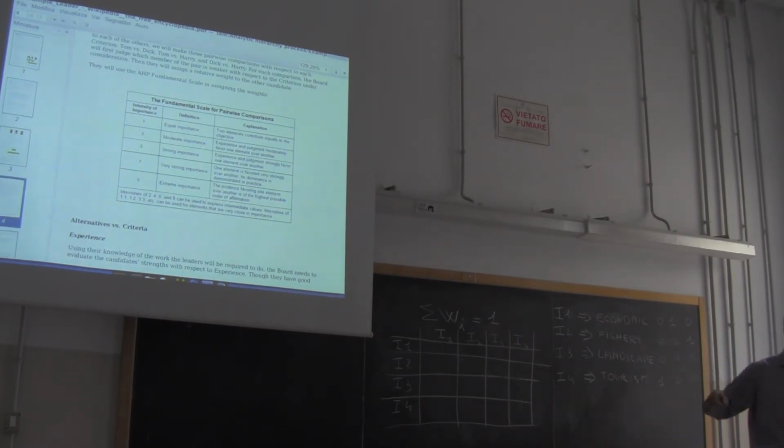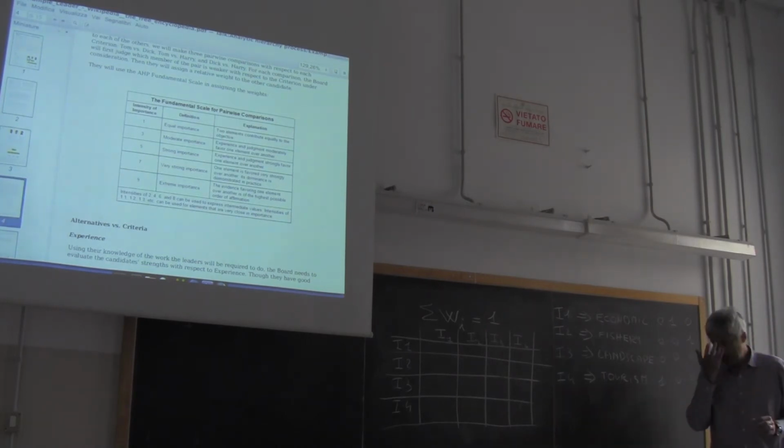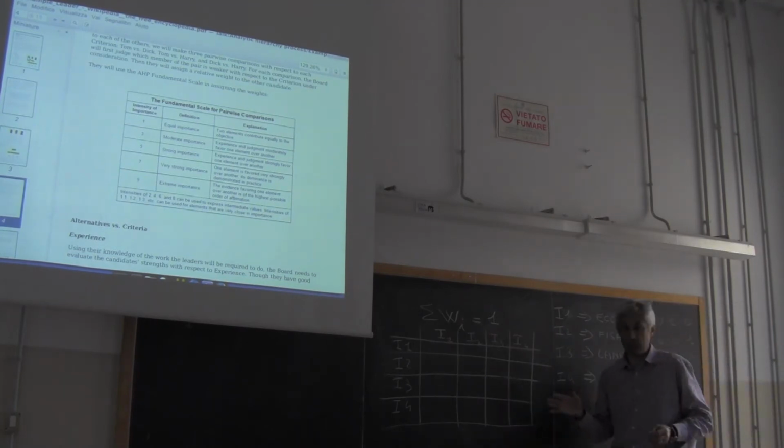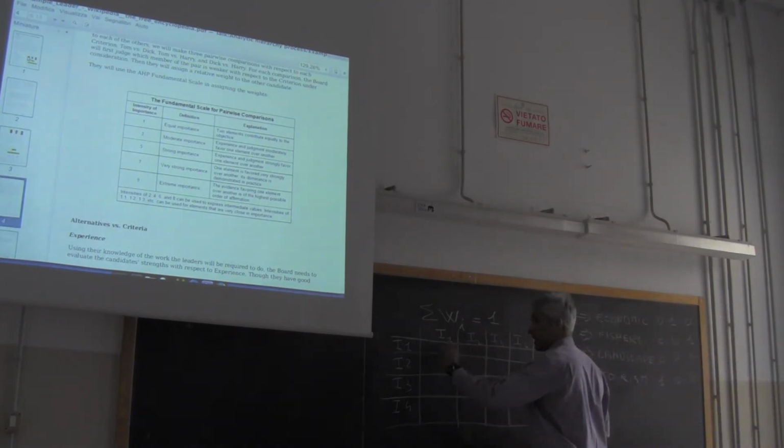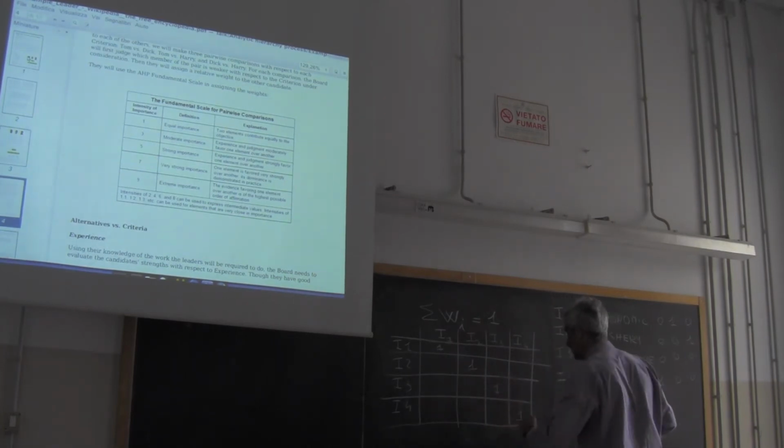So the scale is from 1, same importance, to 9, extremely more important, and then the scale is extended in the range 0 to 1 to allow symmetric comparison. So let's then populate this matrix. First of all, in the diagonal, I have ones, because I compare the indicator with itself.